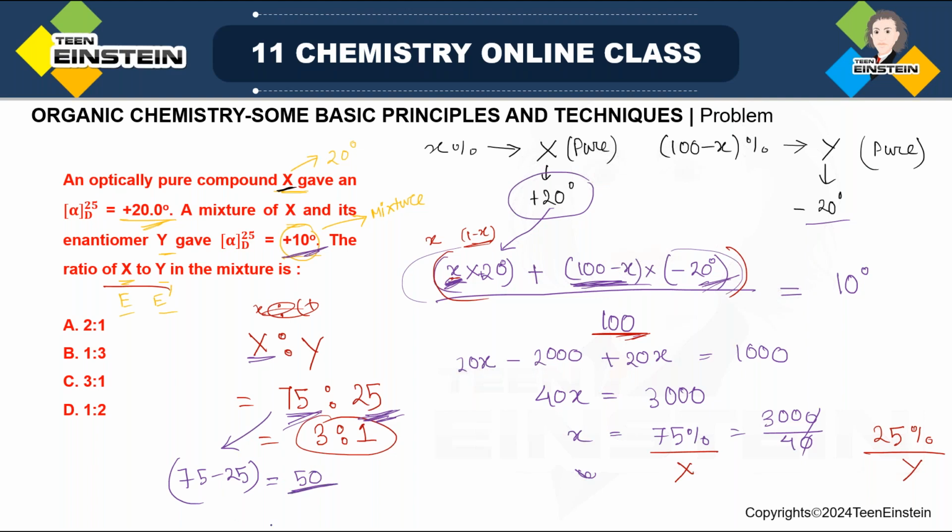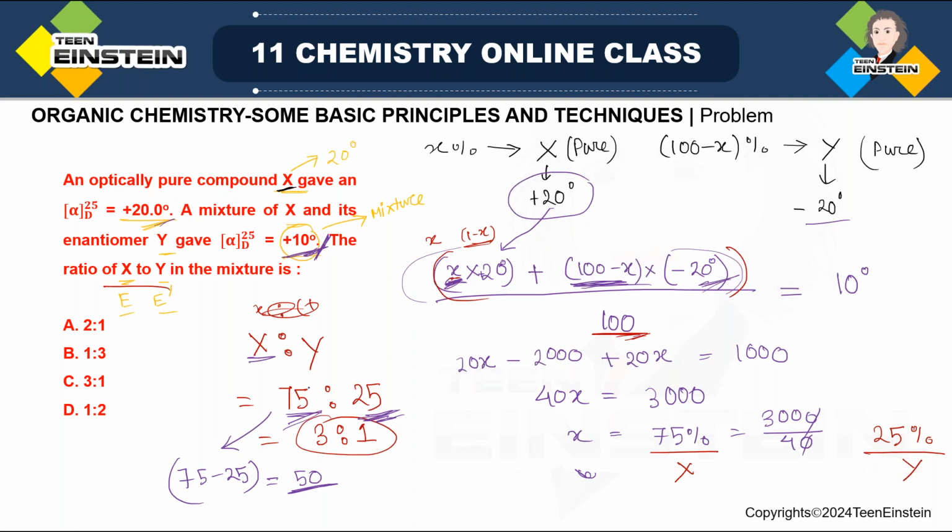So this will be the optical purity. And just use the previous expression, that is the specific rotation of the mixture divided by the specific rotation of the pure compound. Then 10 divided by 20 into 100 is basically 50%, isn't it?